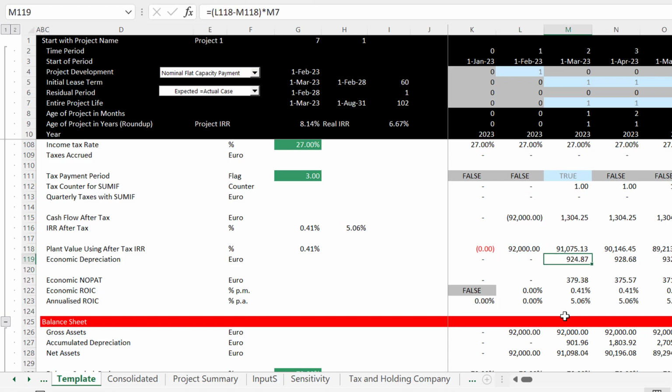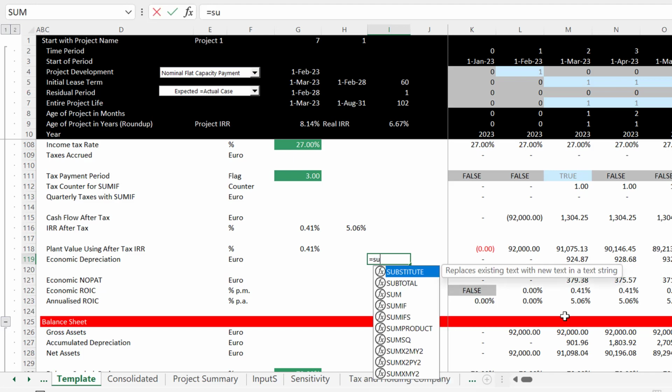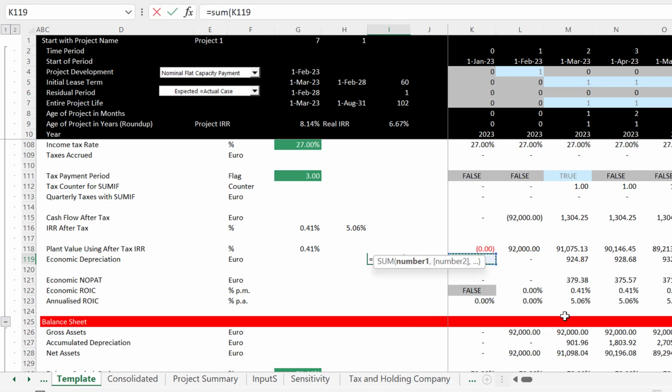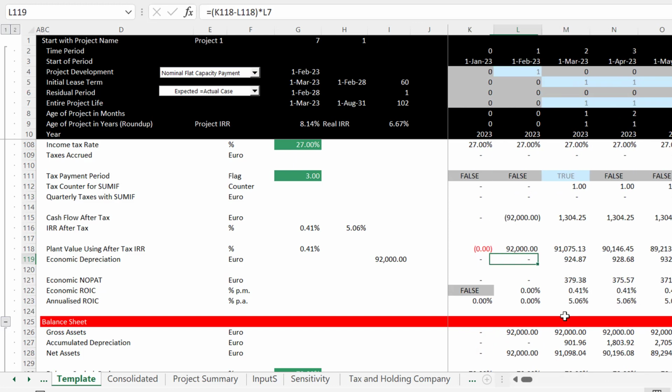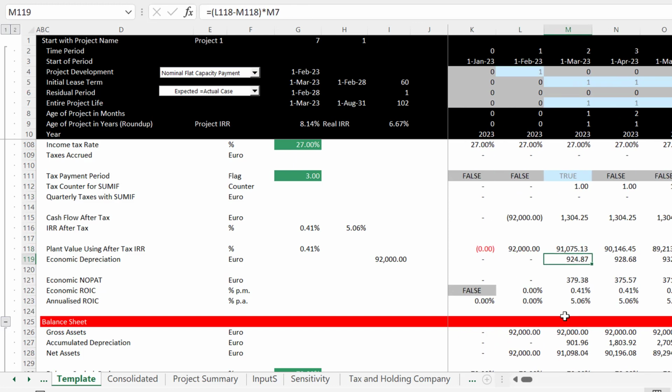And then you get economic depreciation, which is the value in the last year minus the value in this year. I multiplied it by the life flag, and it gives us the total CapEx.